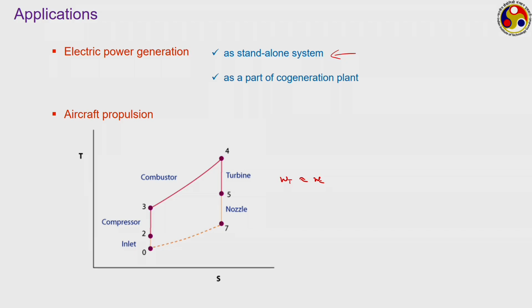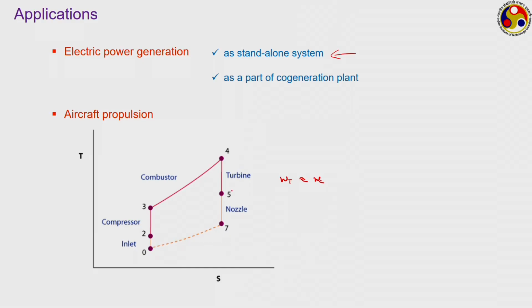In aircraft propulsion, we allow the turbine to produce exactly the amount of work needed to run the compressor, or maybe slightly higher, because we also need to run the air conditioners inside the aircraft, the electrical appliances, etc. So, whatever power is required by the compressor plus some additional power for the electrical accessories, that is what the turbine is allowed to produce.